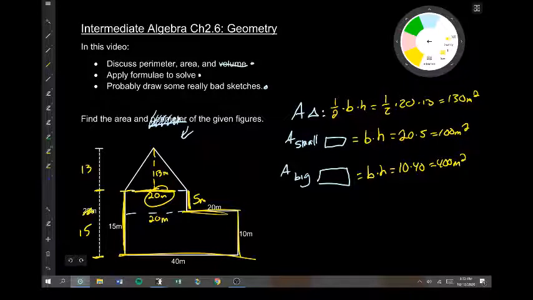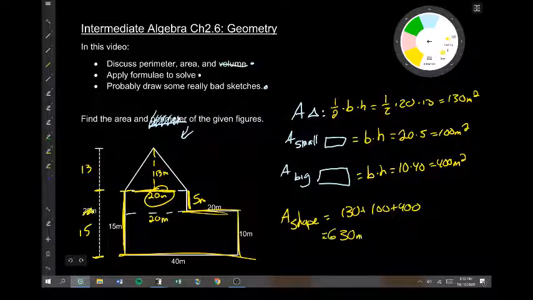That's 400 square meters. I add all of those up, and it's 130 plus 100 plus 400, so it's 630 square meters. Boom, we found the area.